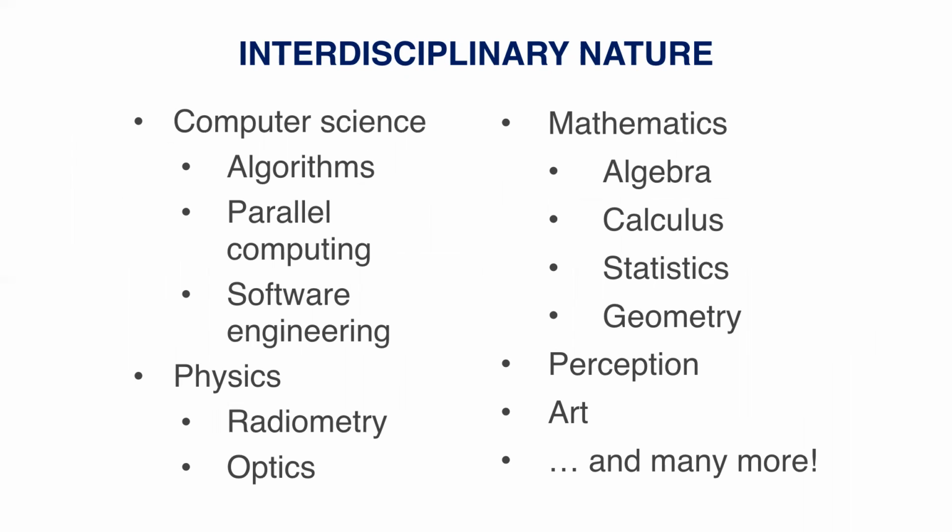And to model the behavior of light so that we can simulate this on computer, we're going to need to use mathematics, and it also involves lots of other topics such as perception and art. So the things that you're going to learn in this course are going to be useful in many things beyond just computer science, or actually just beyond computer graphics.